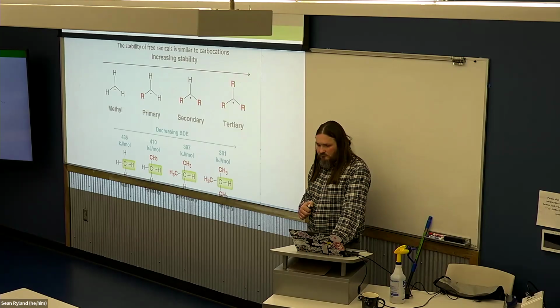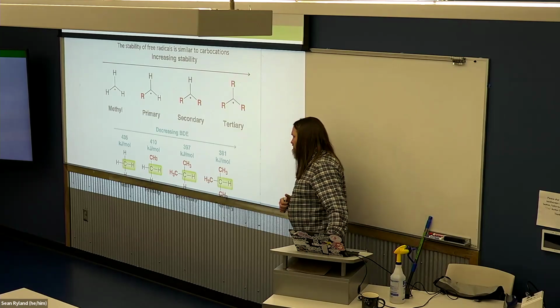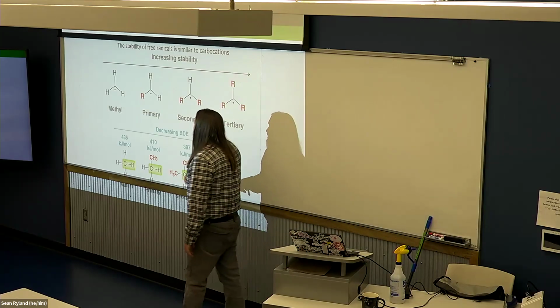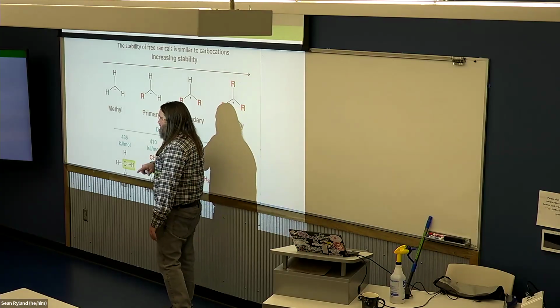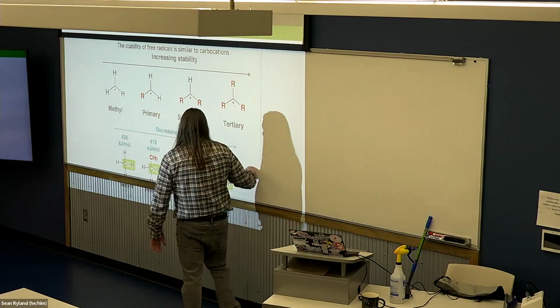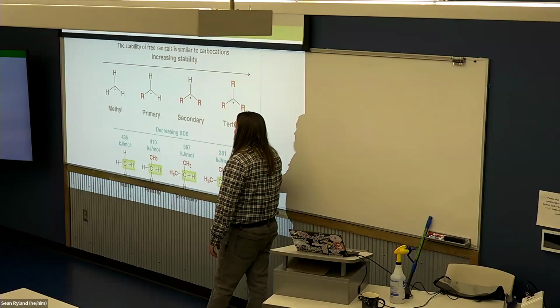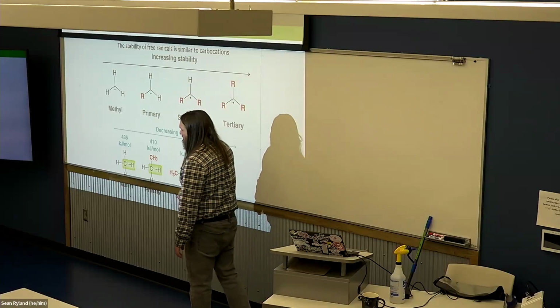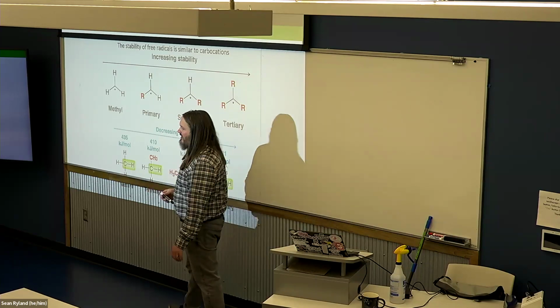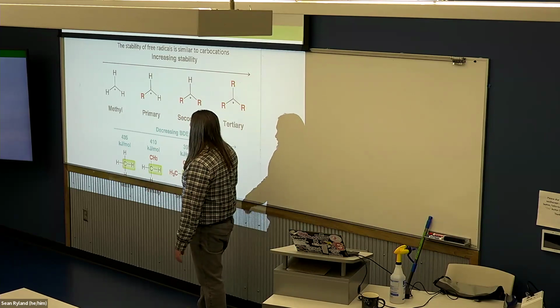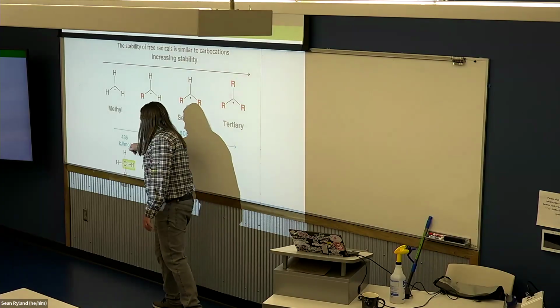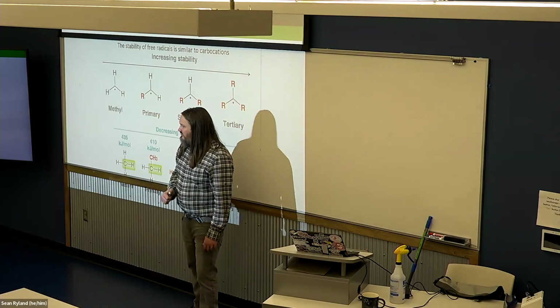Dissociation energy is how easy it is to pull off. The lower the bond dissociation energy, the easier it is. You can think of it like pulling magnets off of a refrigerator. The stronger the magnet, the harder it is to pull it off. The larger the dissociation energy, the harder it is to pull it off.